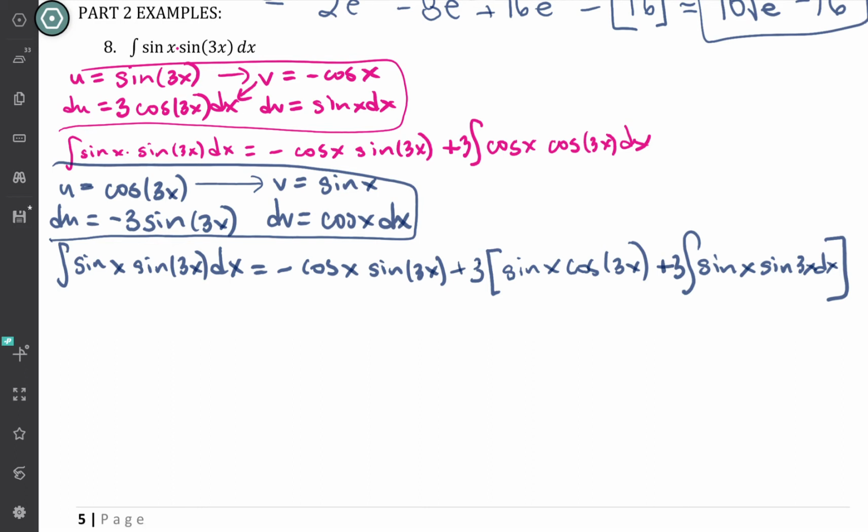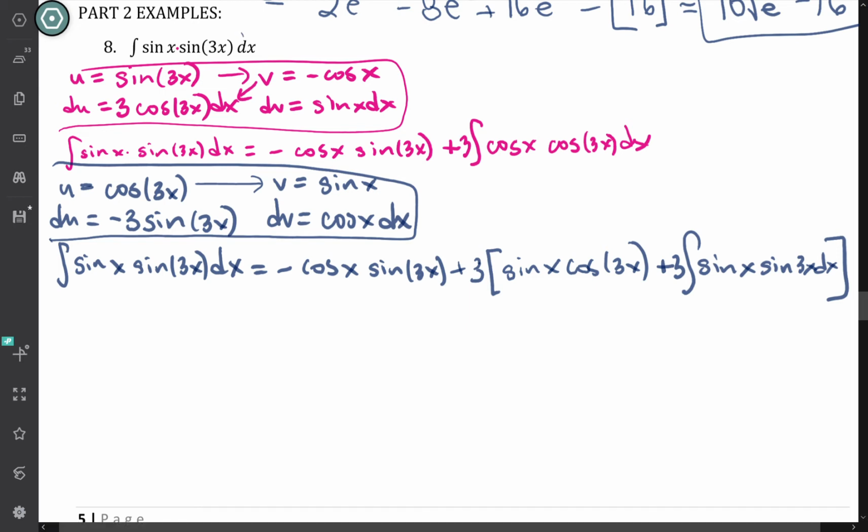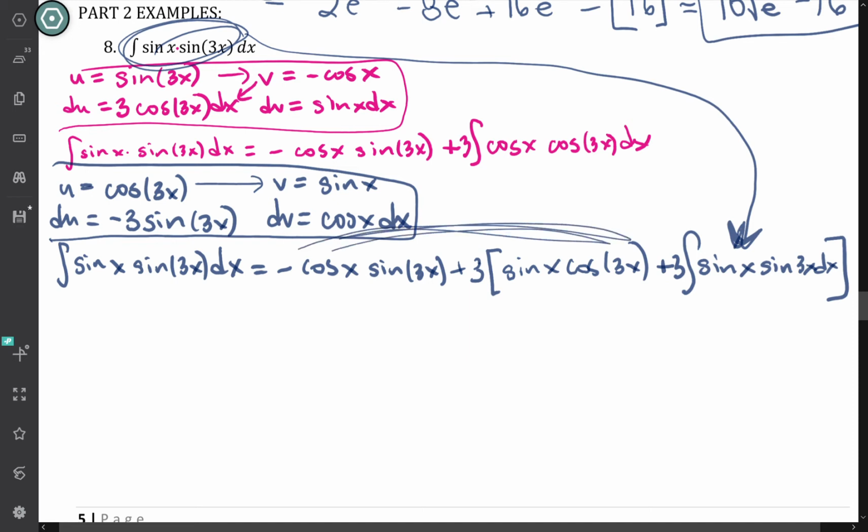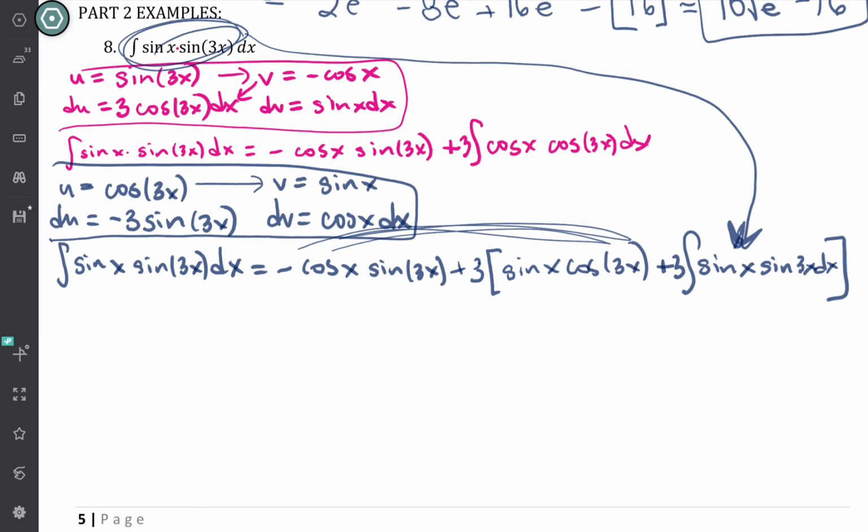But this is actually really neat, what just happened. We started with the integral of sine x sine 3x dx, and we got back to it, which might seem like we've wasted our time, but we haven't, because all of this stuff is extra information about the antiderivative. So integration by parts is spitting out pieces of the antiderivative that we're looking for.